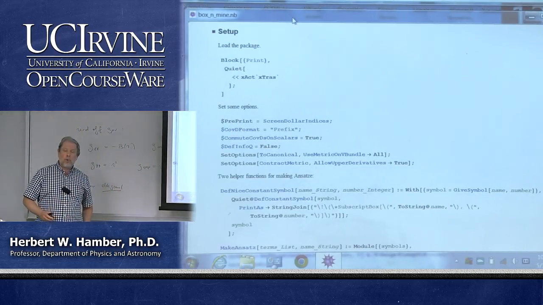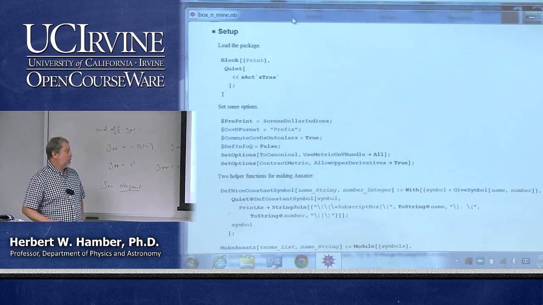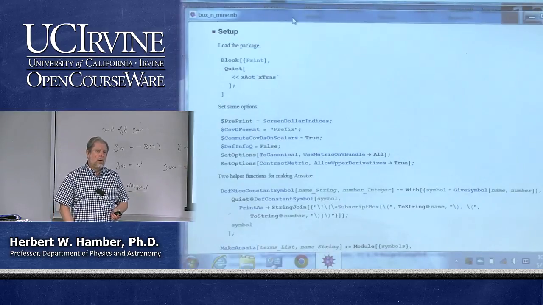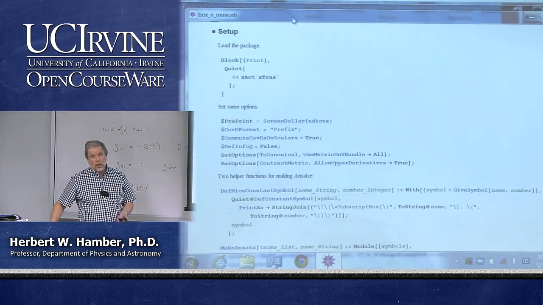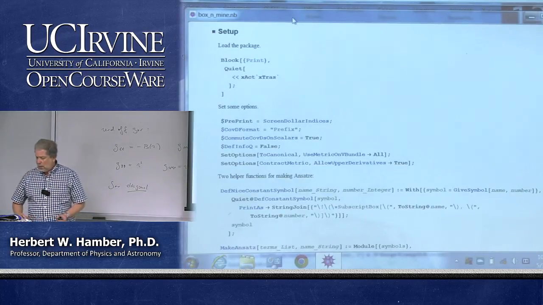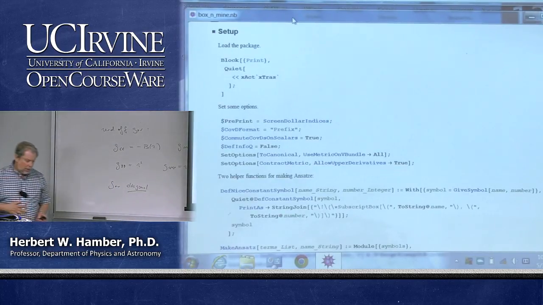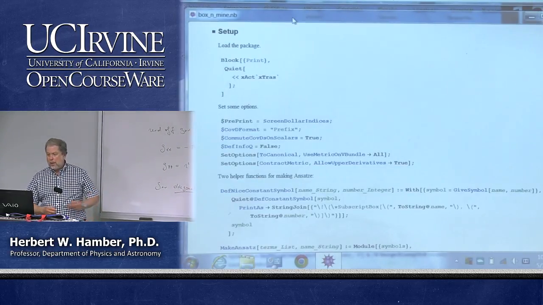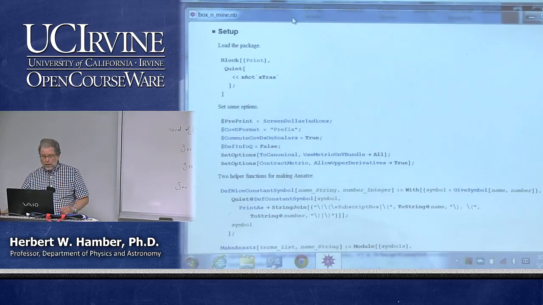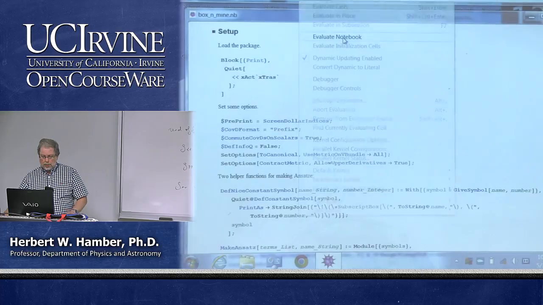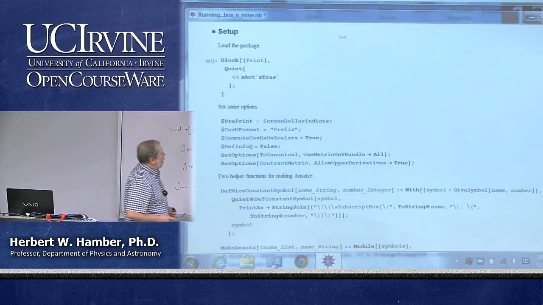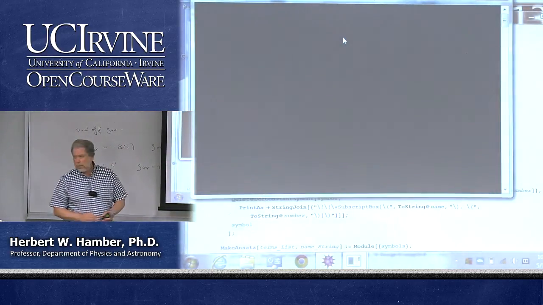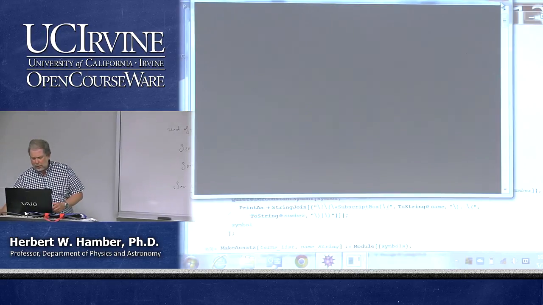It runs on top of Mathematica, and is explicitly designed to do the kind of algebra that you need in GR or classical and quantum gravity, as well as supergravity, and problems where you encounter a significant amount of algebra that you don't want to do by hand because the likelihood of making a mistake is very high. So I'll just evaluate this notebook. We're basically pretty much out of time. So it's loading this package. And it opens a window because that's a signal that it actually started successfully.